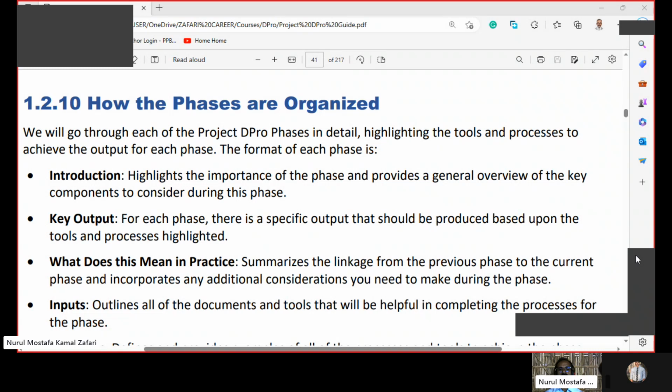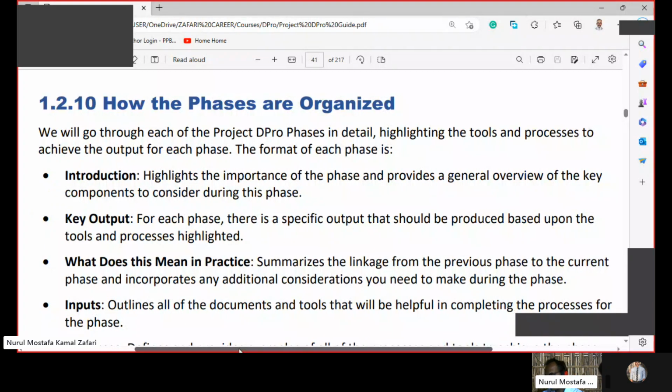Now how these phases are organized, we need to understand that, and I am starting reading from the text word by word. I hope that it will help you to navigate through the texts of the DPro guide.